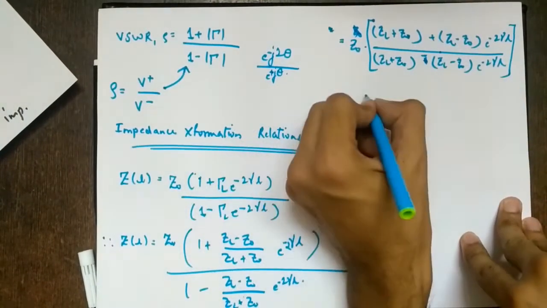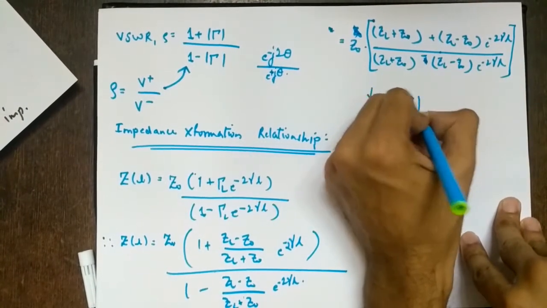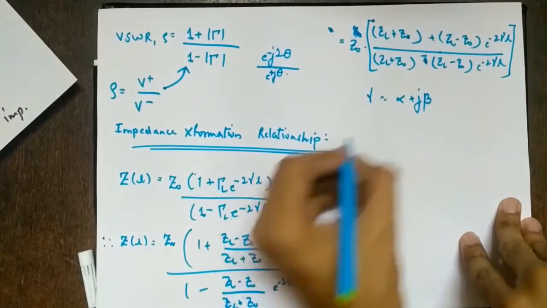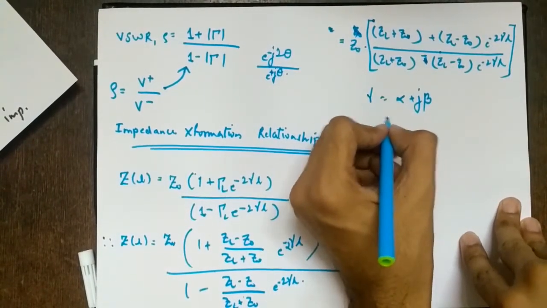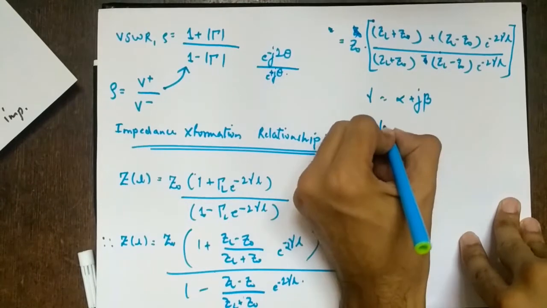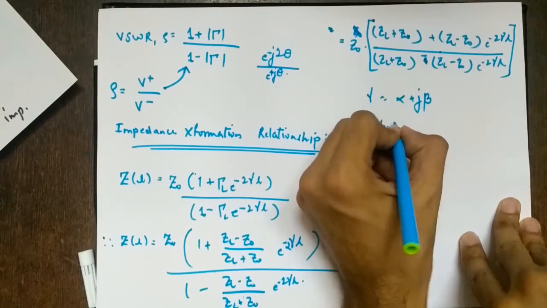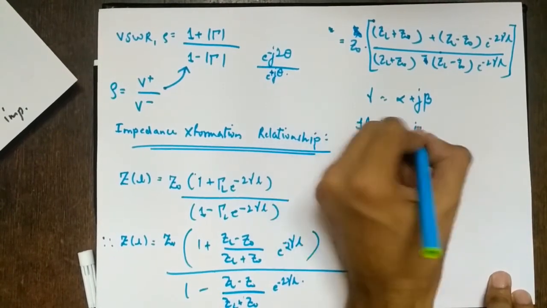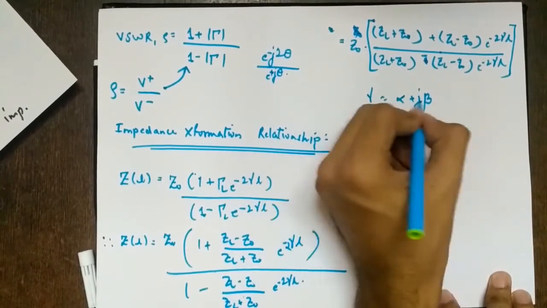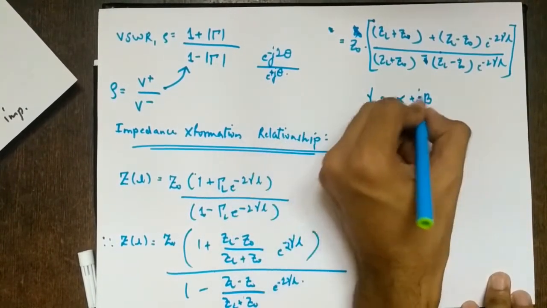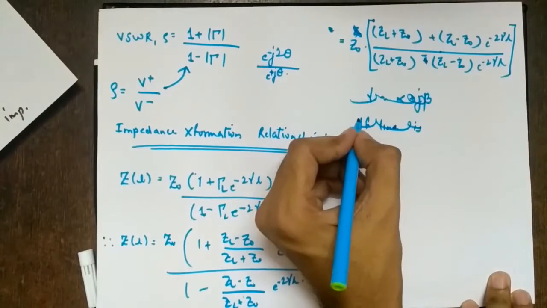So let me make an assumption. What we know: gamma is alpha plus j beta, where alpha is the attenuation constant. I'll come back to this later; for now I'll keep it like this only. So half of this is e raised to minus gamma L, right?